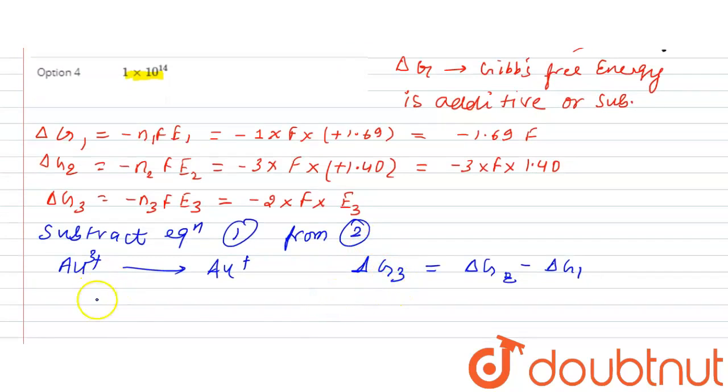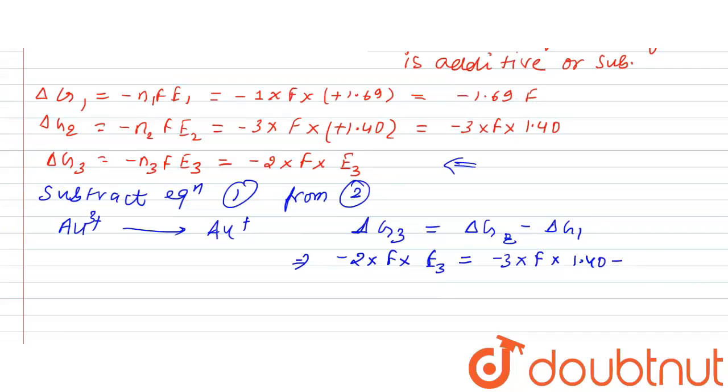The value of delta G3 is minus 2 times F times E3. This will be equal to delta G2, which is minus 3 into F into 1.40, minus delta G1, which is minus 1.69 F.